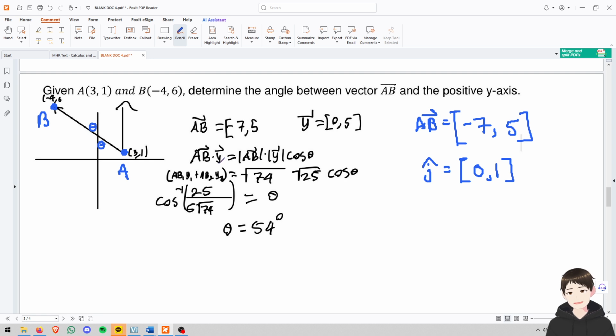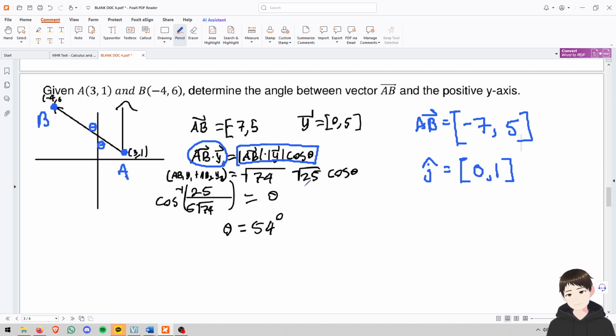Right. Looks like for the dot product, they decided to apply the geometric formula to it, which is great. You can get the quantity from here. Negative 7 squared plus 5 squared is 49 plus 25. Good. And the magnitude of y, they decided it was 0.5 for an arbitrary reason, no real good reason.